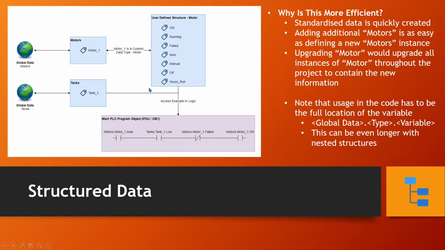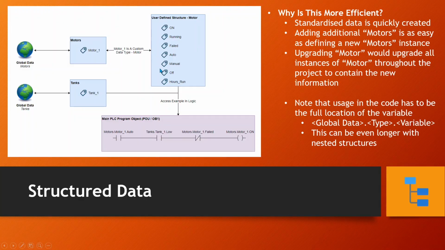Now, just to keep things simple, I'm only showing the motor structure, which is here. So in this blue box here, we have a structure called motor, which has these variables listed inside.